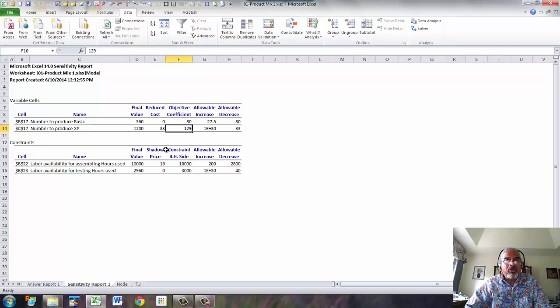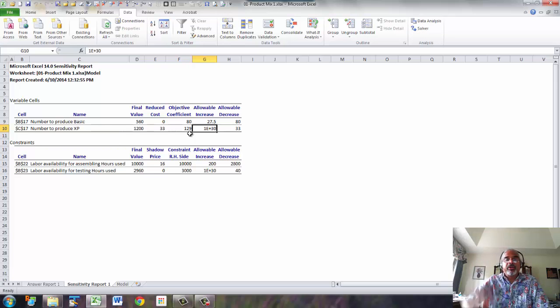Now for the second coefficient, the allowable increase is 1 times e to the power, so this is to be read as 1E30. In other words, it is a really large number, or we could say infinity. So the allowable increase is not limited, it is infinite. From $129, the profit margin can go up and up without limit.